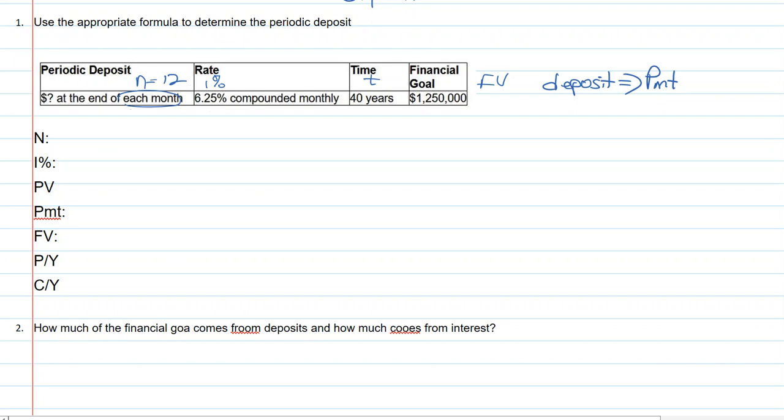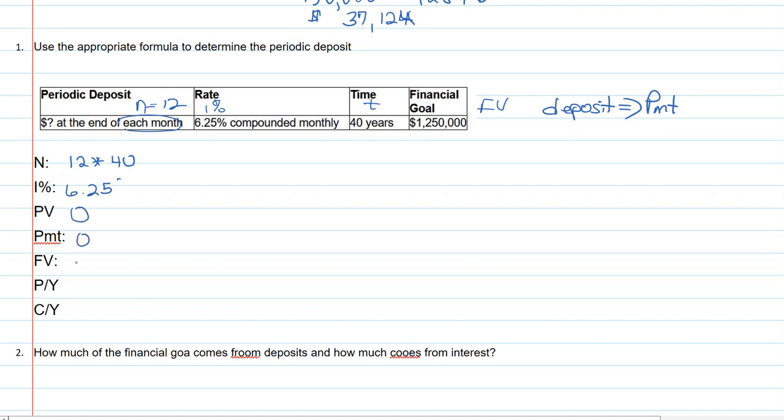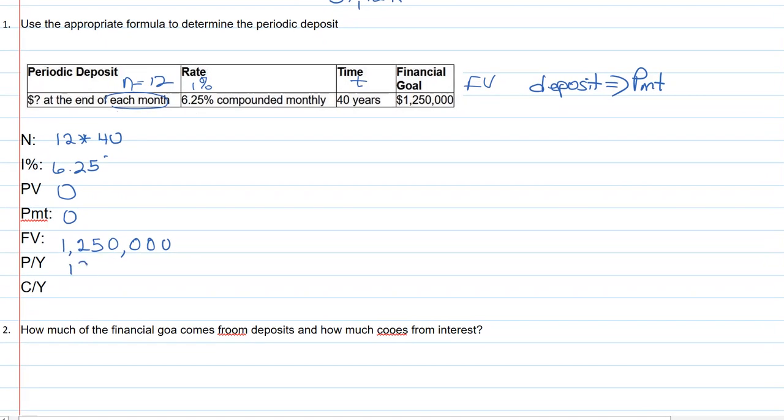All right, we're talking 40 years, and we're talking N is 12. 12 times 40. The percent is 6 and 25 hundredths. Our present value is 0. Our payments is 0, but the future value is $1,250,000. That's what I hope you have a goal for. And we're talking money.